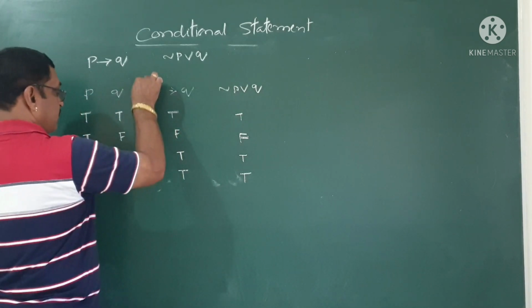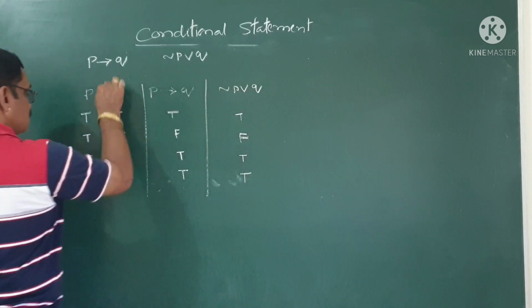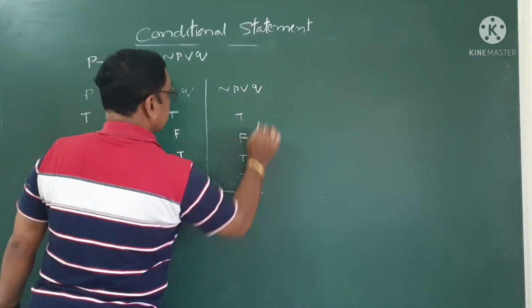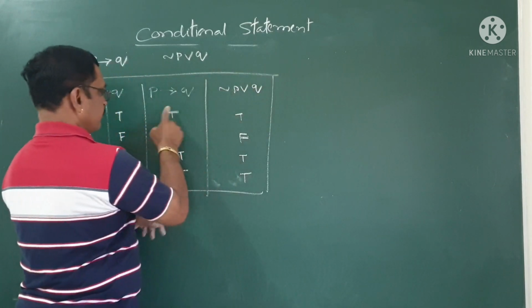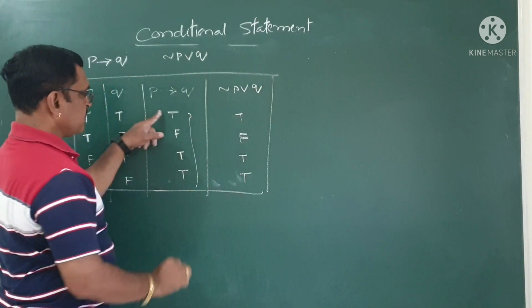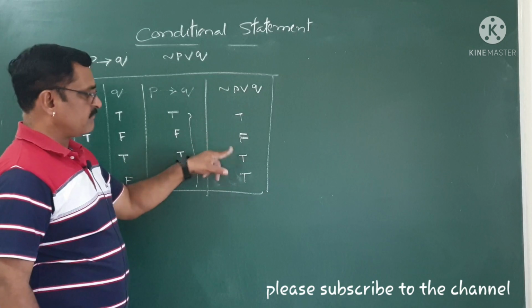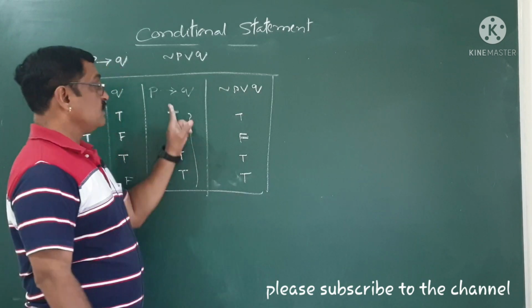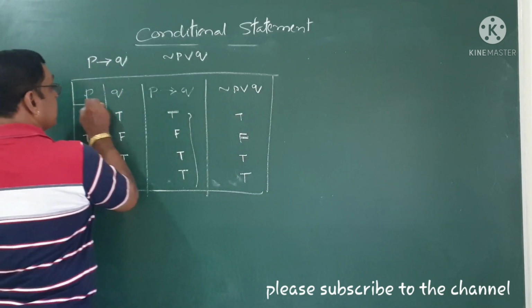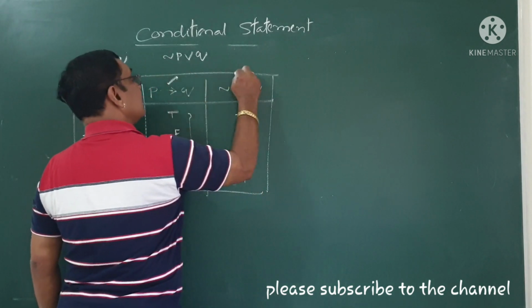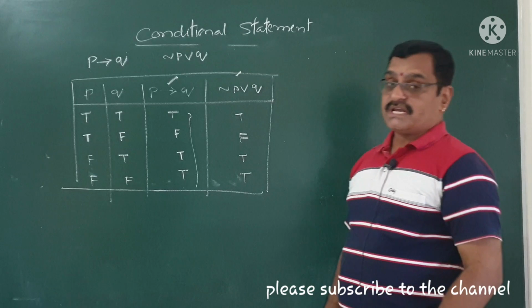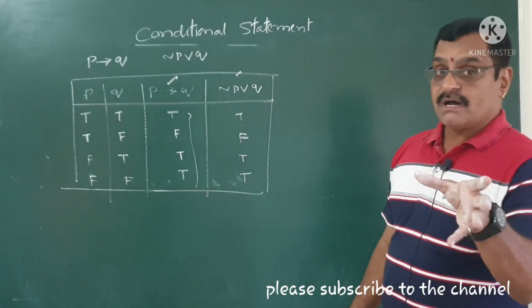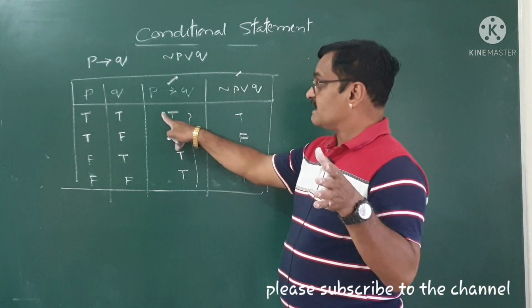If we observe the last two columns, T, F, T, T, both are the same. So these two are equivalent statements.